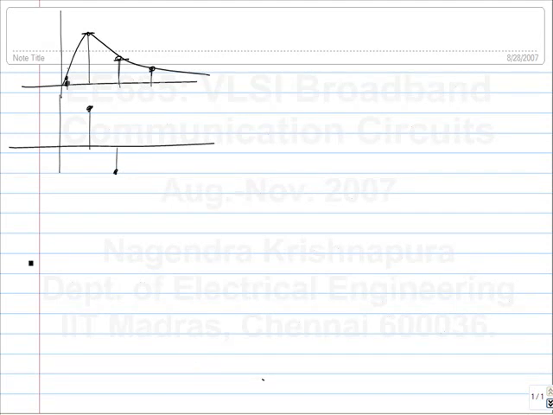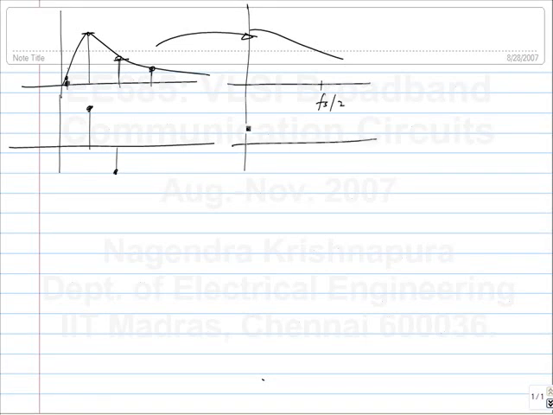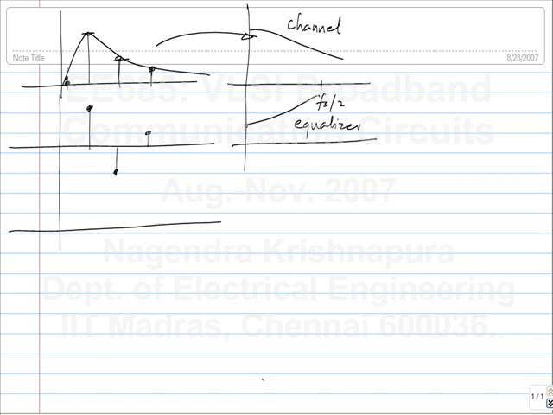Okay. This gives you a high pass magnitude response. In the frequency domain, this looks something like this, and this one has the opposite shape. This is the channel, and this is the equalizer, and you can have more taps on this. Okay.